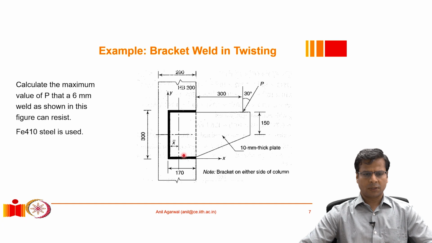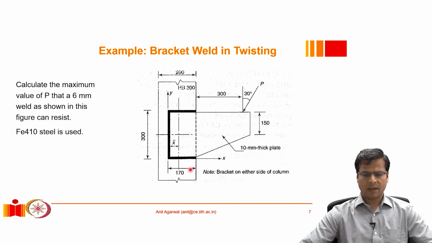Okay, so just a few more details that I would want to emphasize. The problem statement is that we need to calculate the maximum value of P that a 6 millimeter weld as shown in this figure can resist. So we need to find out what is the maximum P value that this weld can resist safely. The steel that is used is Fe410, so its ultimate stress is 410 MPa.